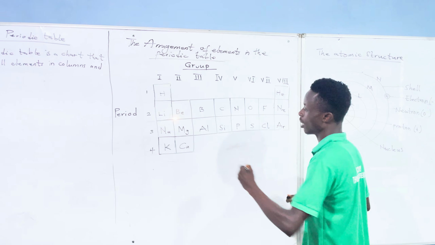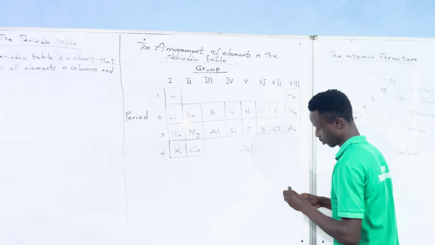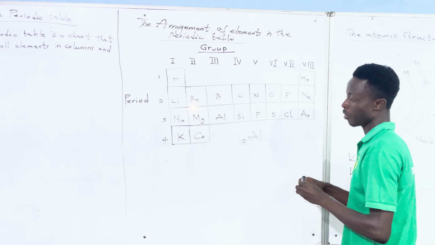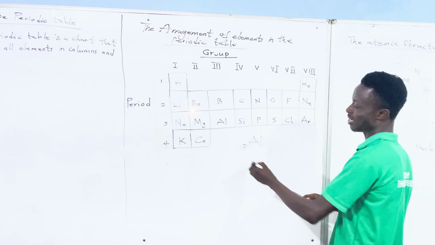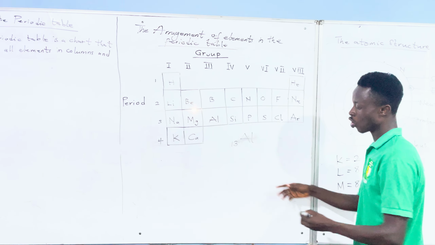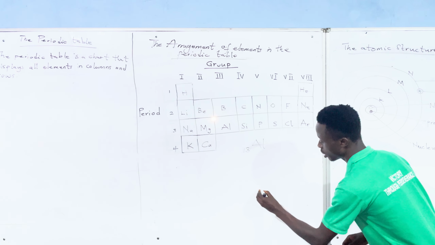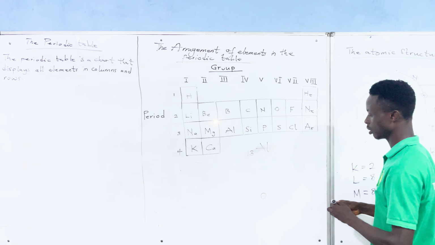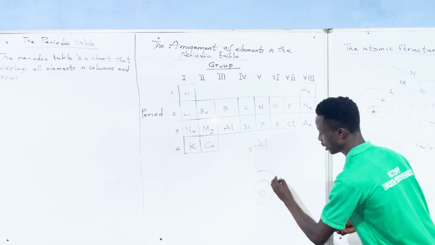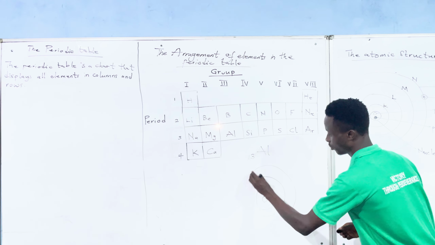Aluminium has the proton number 13. And remember, the proton number is the same as the atomic number. So we are going to draw the electronic configuration of aluminium. We start by drawing the smaller circle in the middle, that's the nucleus, then the first shell, the second shell, and then the third shell.